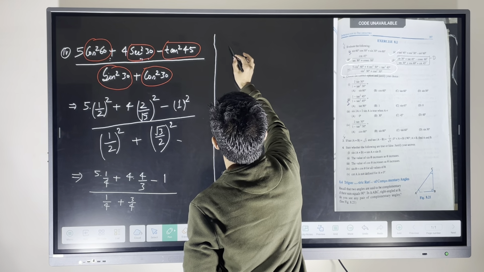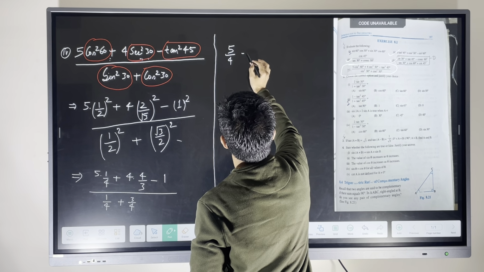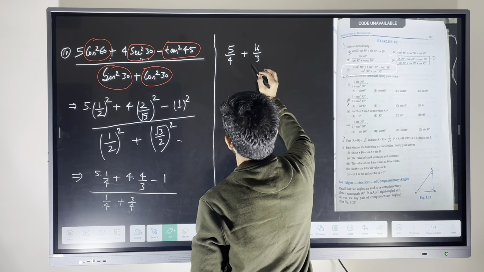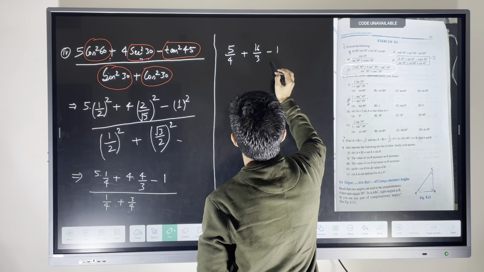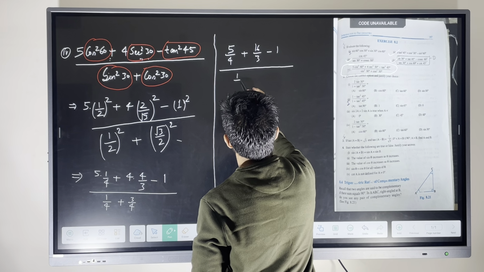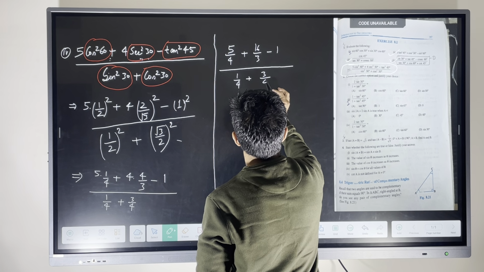This will be 5 upon 4 plus 16 by 3 minus 1, whole upon 1 by 4 plus 3 by 4.